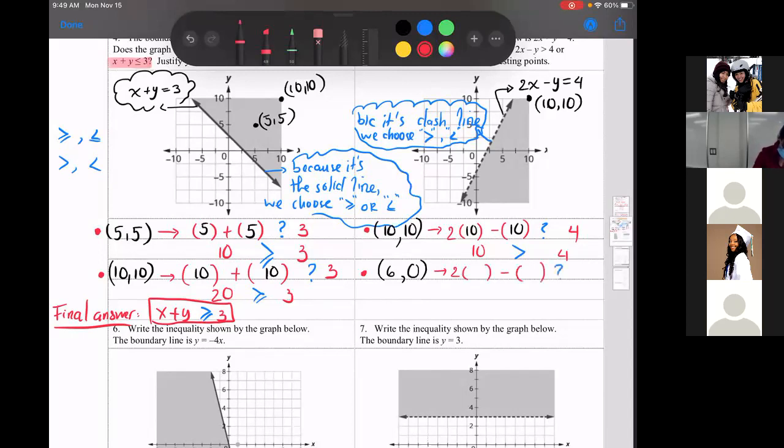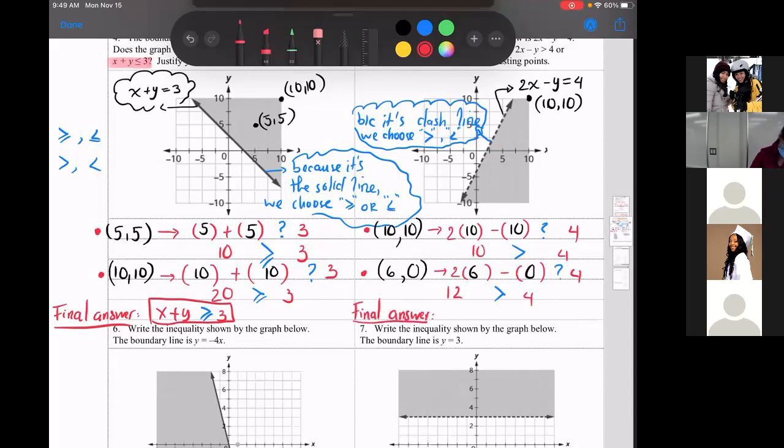So 6 is your x, 0 is your y, 12. Now I have 12 versus 4, still greater than. So what's your final answer? From the two points that you pick, it's always greater than.